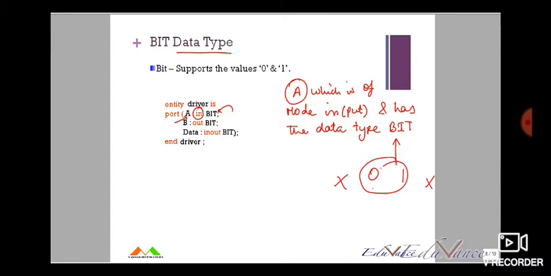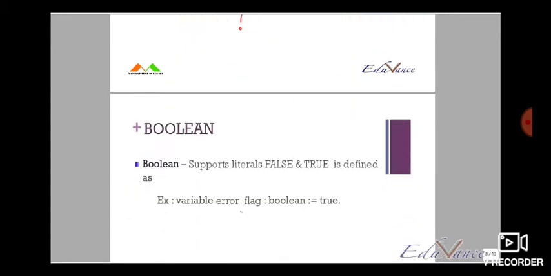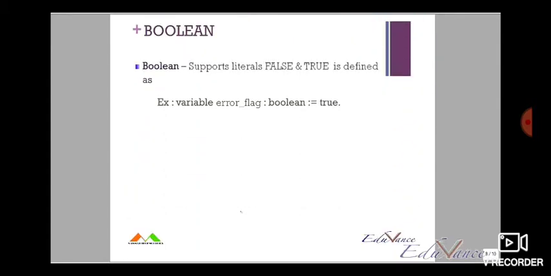Fairly straightforward. Well, you must be wondering that if it's a digital circuit, I don't have any other values apart from 0 and 1, right? That's the question that must have come to your mind. Give me a couple of minutes and I'll answer that question. Boolean, on the other hand, has two values, true and false.